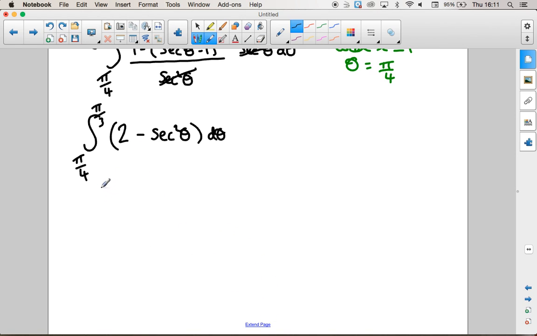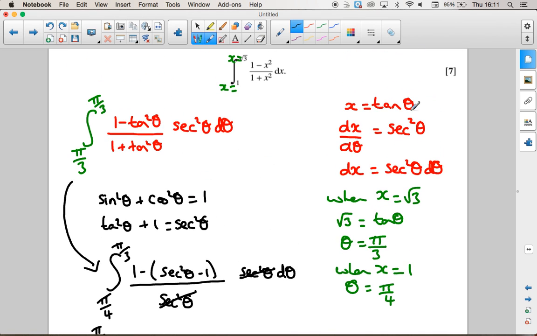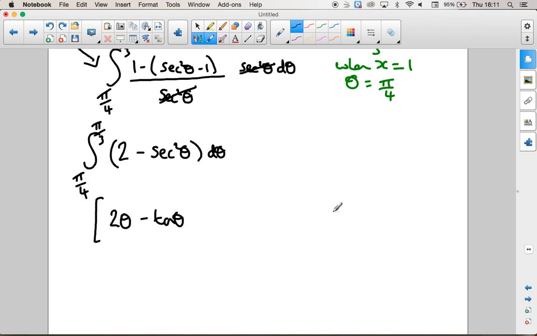Integrate 2, we get 2 theta. Integrate sec squared theta is tan theta. We know that. We used that in the very first part of the question, that when we differentiate tan, we get sec squared. So when we integrate sec squared, we get tan, between pi over 3 and pi over 4.